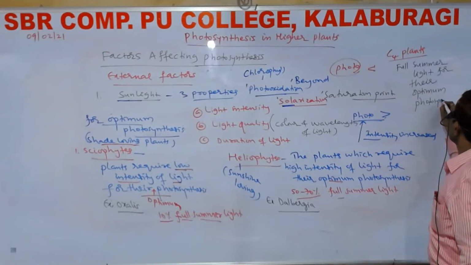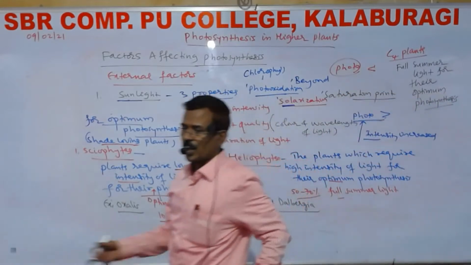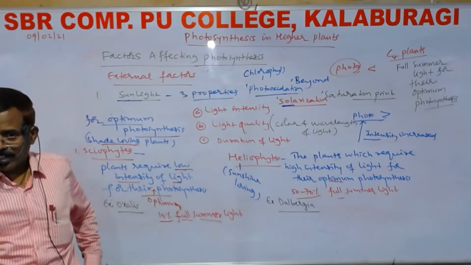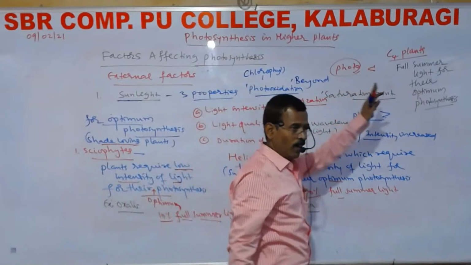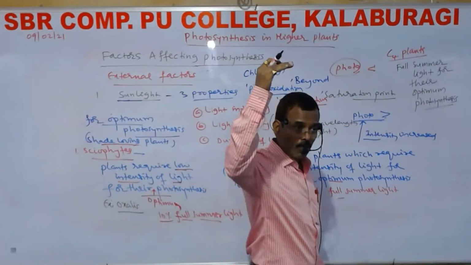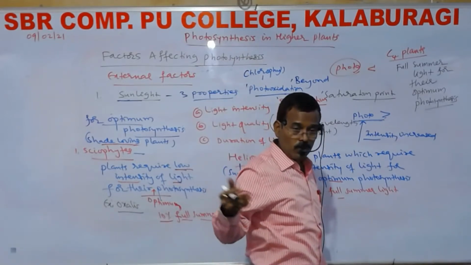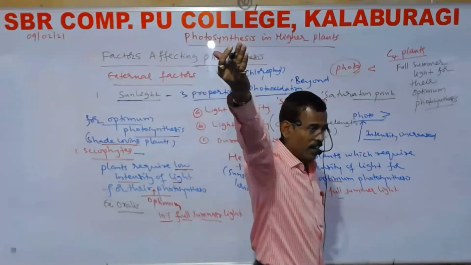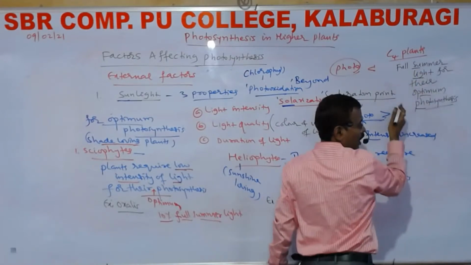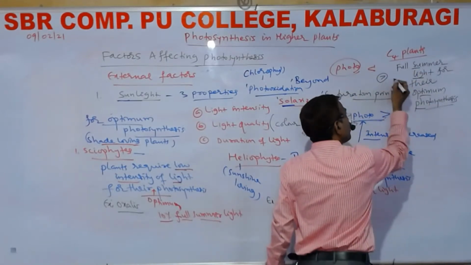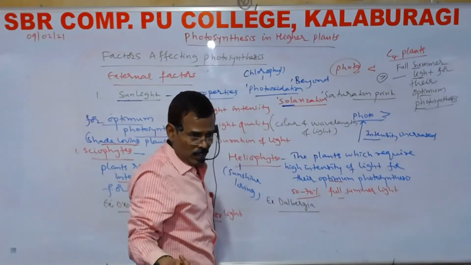Remember, sciophytes need only 10% of the full summer light, heliophytes 50 to 70%, whereas C4 plants, as I told you, grow in tropical and subtropical regions where the temperature is higher. They are capable of performing photosynthesis at a higher temperature, so they can perform optimum photosynthesis at full summer light or sometimes even more than the full summer light.